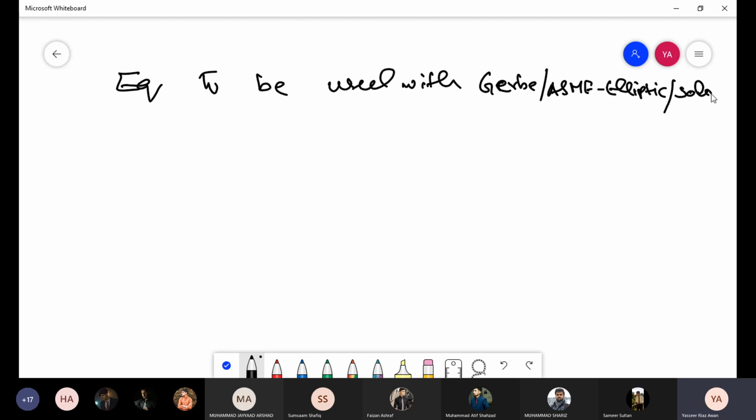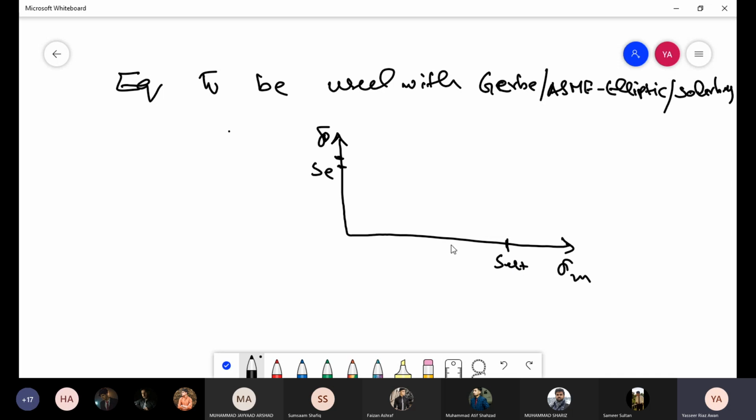Starting with SE and SUT, the Gerber parabola is like this.